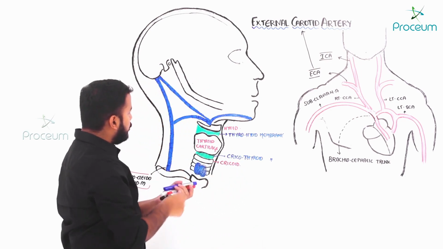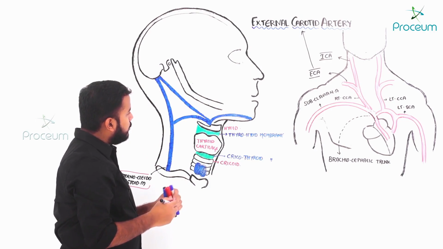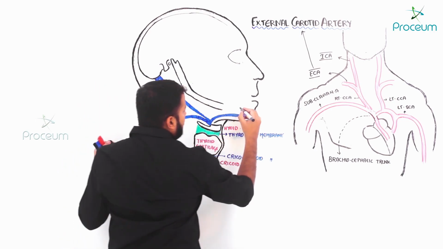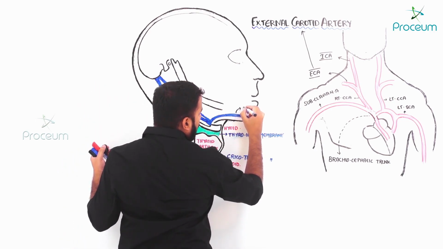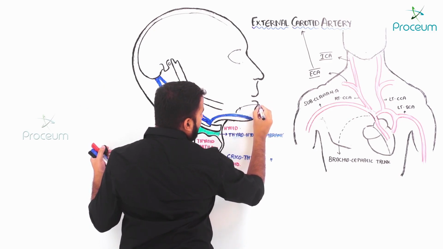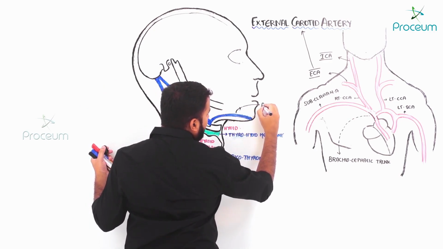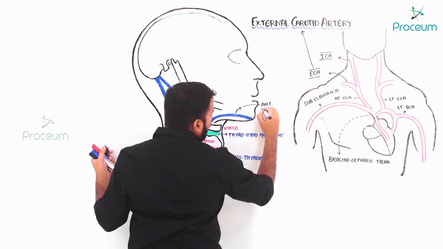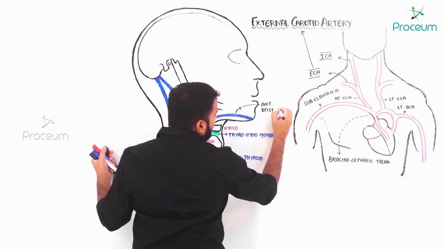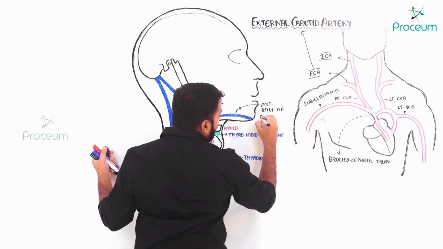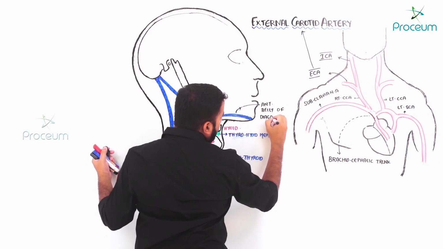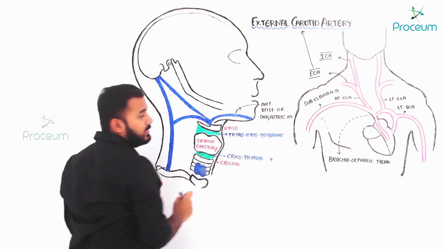If I have to show it to you here, look here guys, this part over here is called the anterior belly of the digastric muscle.